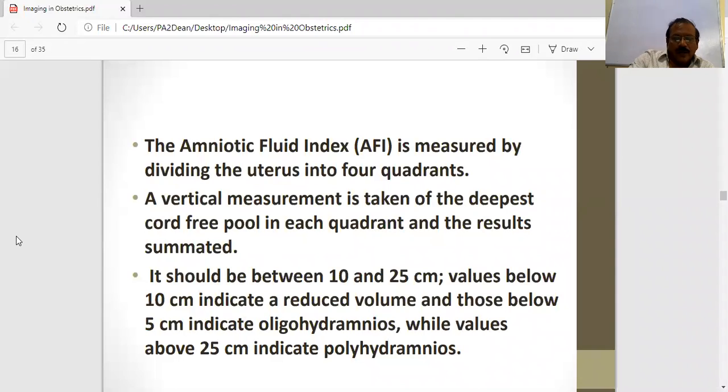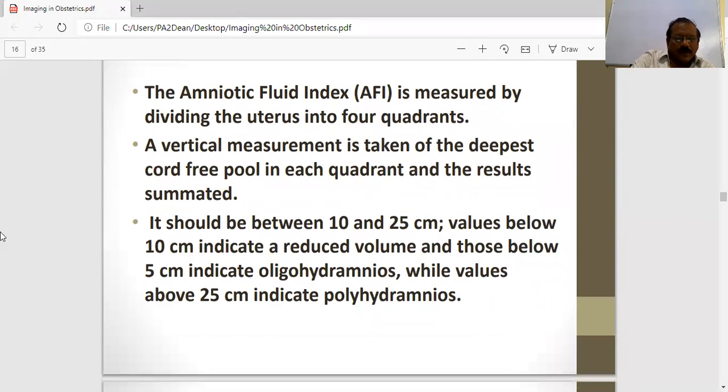When we take the measurement of the amniotic pool, we must see that the cord is not in that pool. So the cord-free pool in each quadrant is measured and the results summated. It should be between 10 and 25 centimeters. A value below 10 centimeters indicates reduced volume, and below 5 indicates oligohydramnios, while values above 25 indicate polyhydramnios.